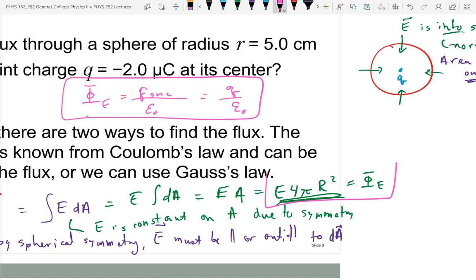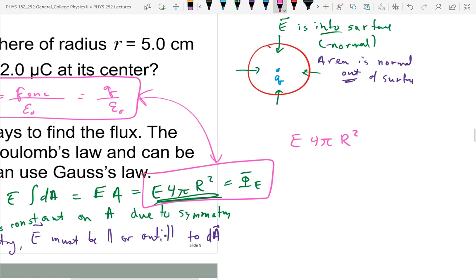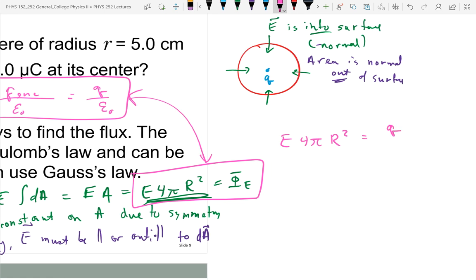This is the other answer for the flux. What do you usually do with this? You either calculate the electric field based on how much charge is enclosed, or you calculate the charge enclosed based on the electric field. So in this case, because I gave you the charge enclosed, we would calculate the electric field. So if I set these equal to each other, I'm going to have electric field times 4 pi r squared is equal to Q over epsilon 0. Solve that for electric field.